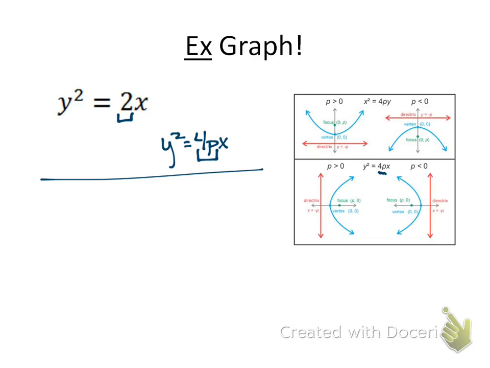So here's what I'm going to do. 4p is going to equal, should be the same value as 2, and solve. That'll determine my p-value. I divide both sides by 4, and I get a p-value of 1/2. This is how far away your focus is and how far away your directrix is from your vertex.